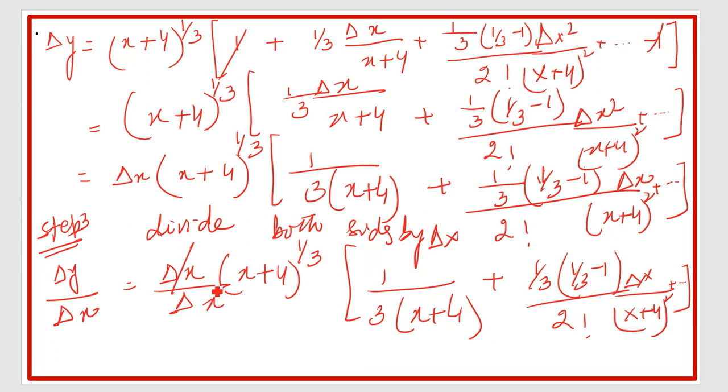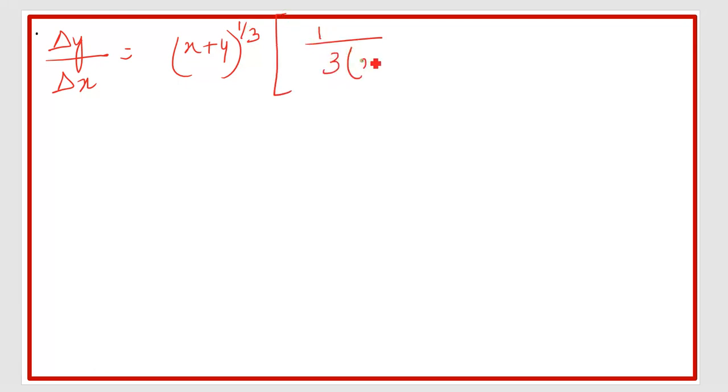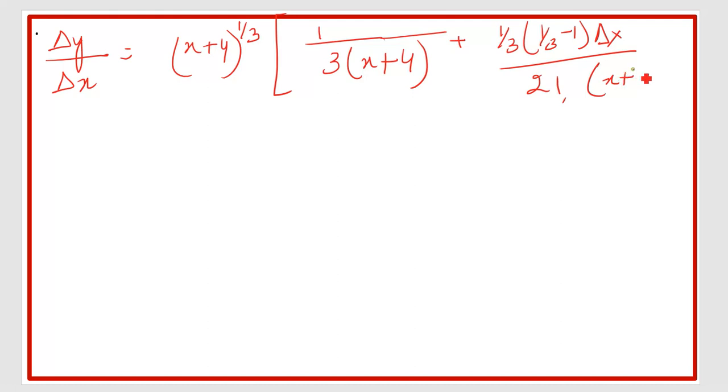So this delta x will cancel this delta x. Whatever is remaining, I am going to write down here. It is delta y over delta x, which is equal to x plus 4 whole power 1 over 3, here we have 1 over 3 into x plus 4, plus 1 over 3 minus 1 into delta x divided by 2 factorial x plus 4 whole square, and so on.